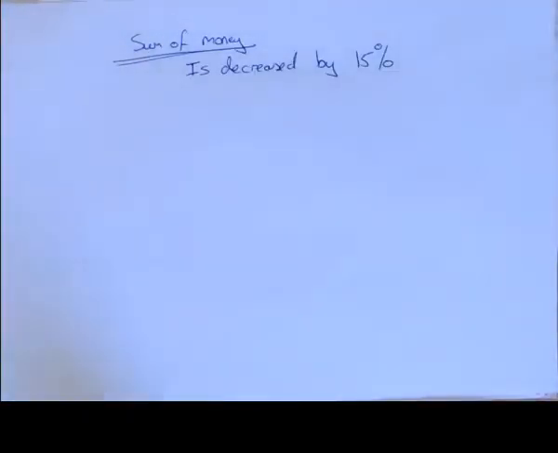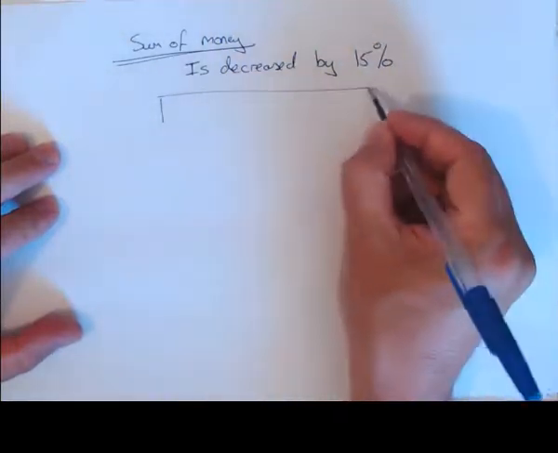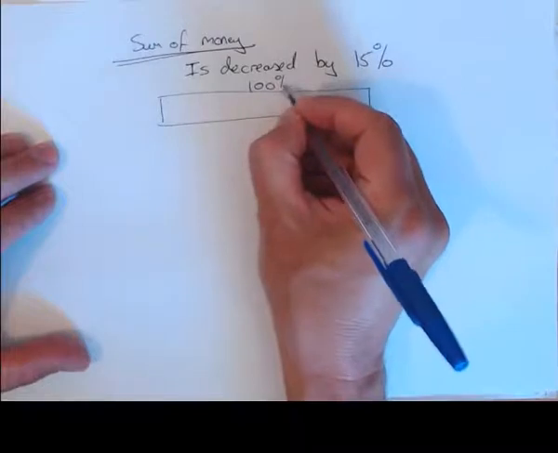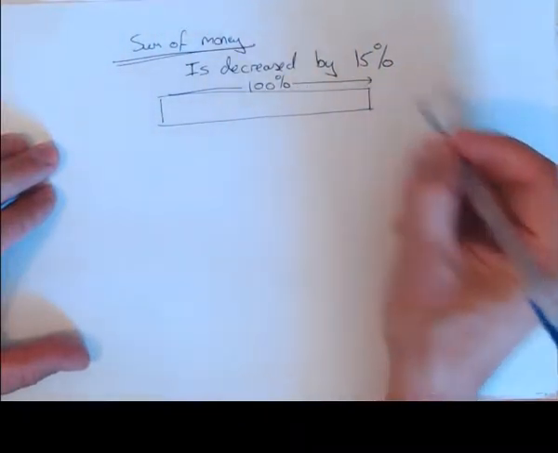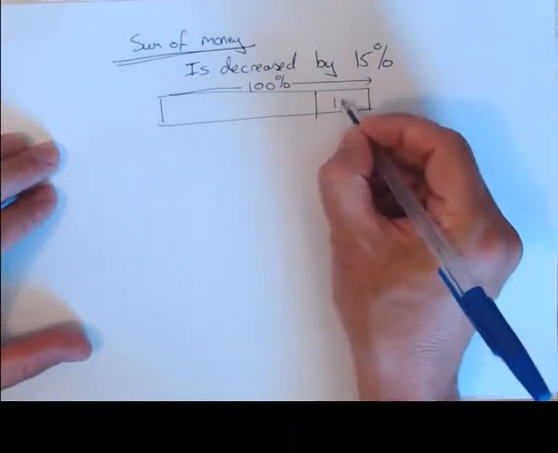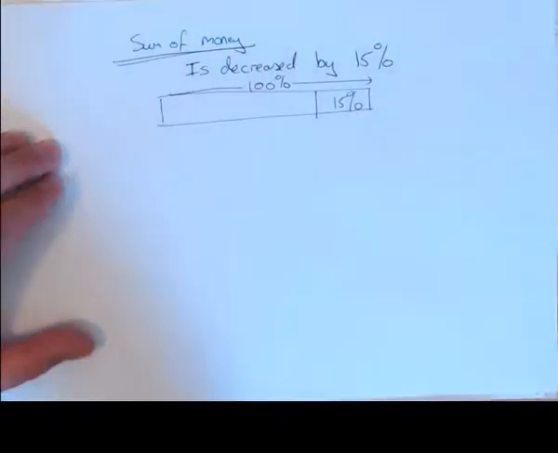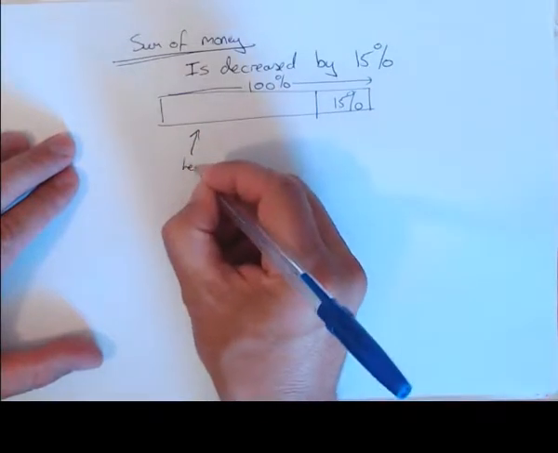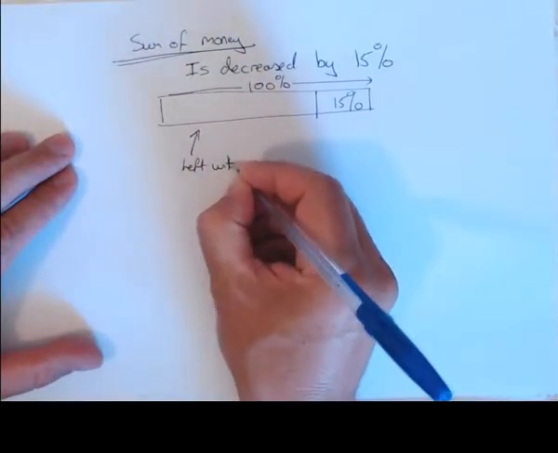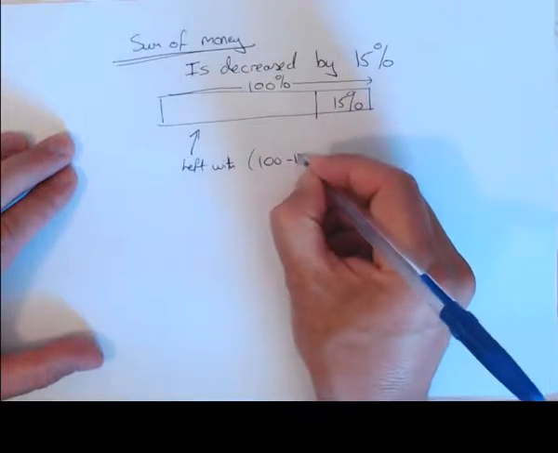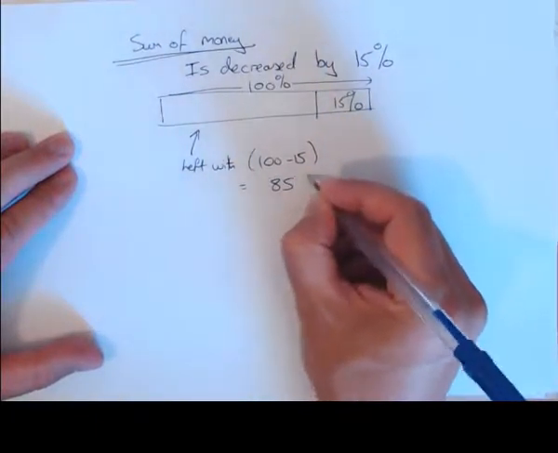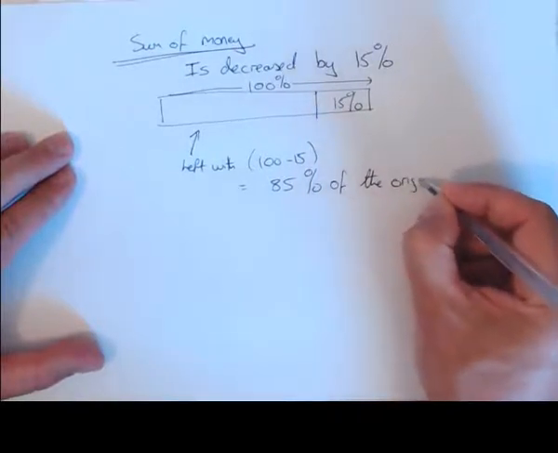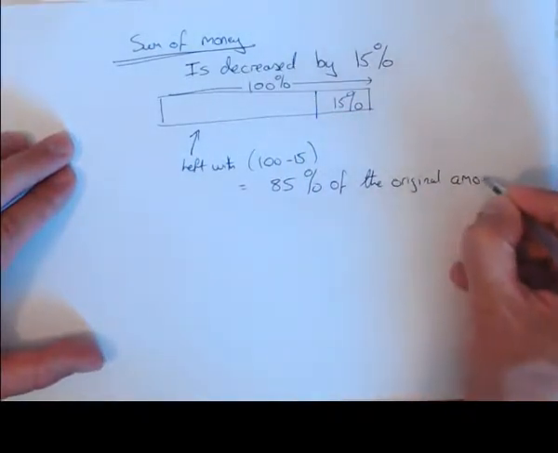This is not so easy to do when we have percentages. So we kind of have to get the idea that this whole thing is 100%. This is exactly the same idea. We're going to be cutting off 15% of it. And if something is decreased by 15%, we are left with 85% of the original amount.